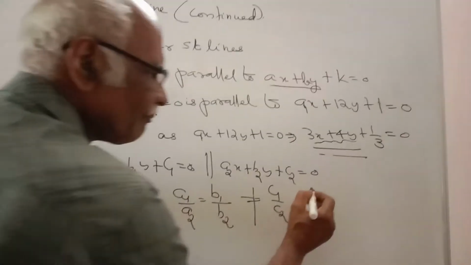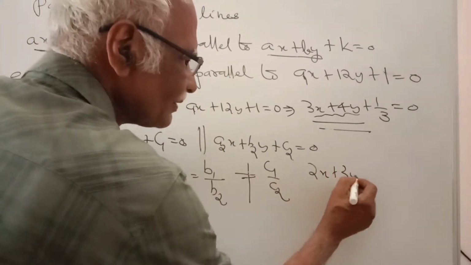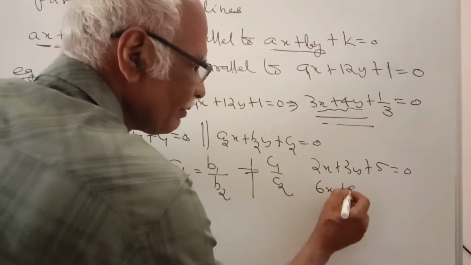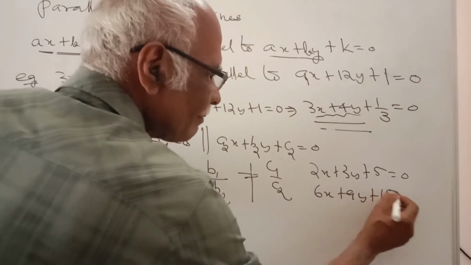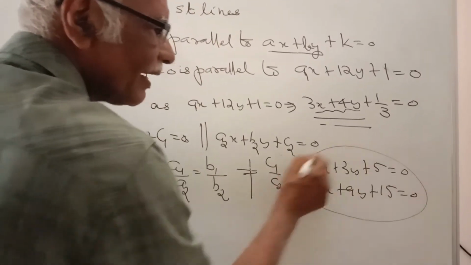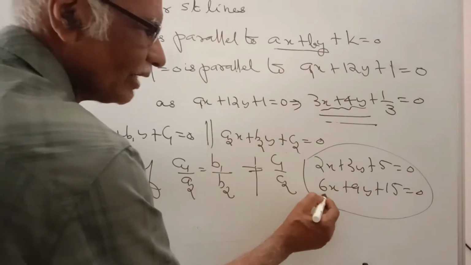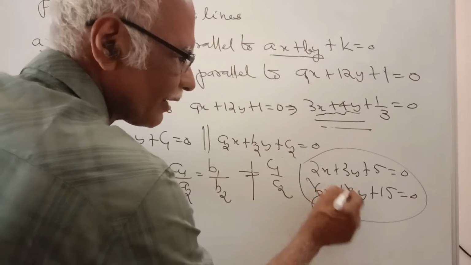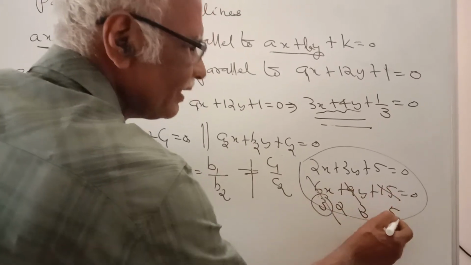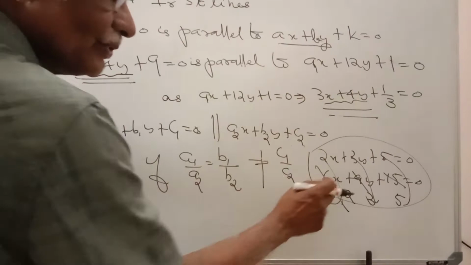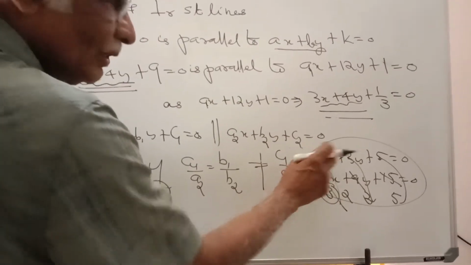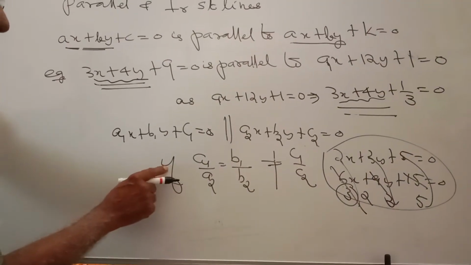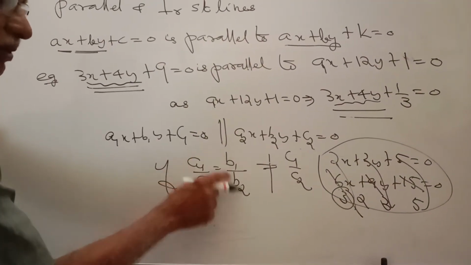You can see 2x plus 3y plus 5 equal to 0 and 6x plus 9y plus 15 equal to 0. They are one and the same straight line because 3 is a common factor here. If you cancel 3, you get the same line. So this is just one line. So the constants should not be in the same ratio. So lines are parallel if a1 by a2 equals b1 by b2.